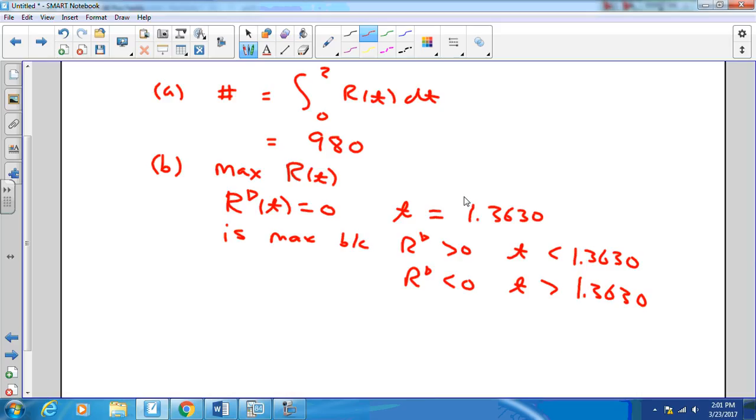Yes, t does also equal 0, and it is fairly clear that because r prime is positive between 0 and 1.3630, that is not a meaningful candidate. We have a horizontal tangent, and then we go up. All right, so we don't have to consider non-meaningful candidates. Notice, again, I've said this before, but you cannot say it's a max because r prime changes signs.